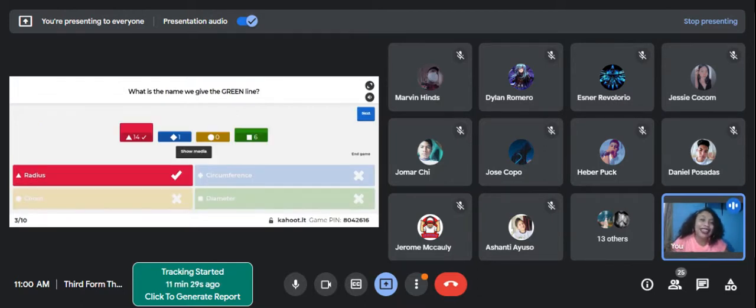Okay. So 14 got that correct, and most of you confused it with the diameter. I can excuse that because a lot of people confuse the radius and the diameter.